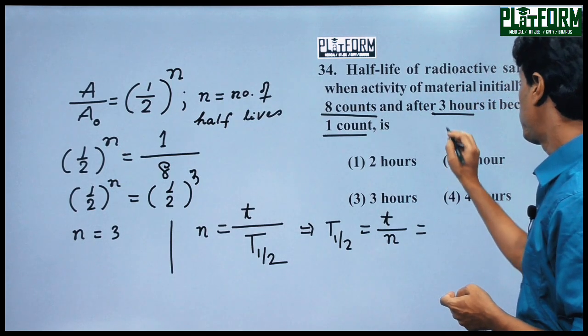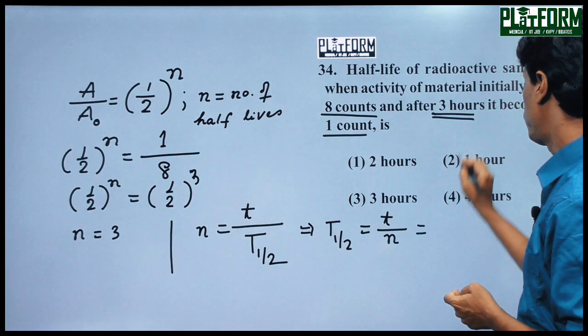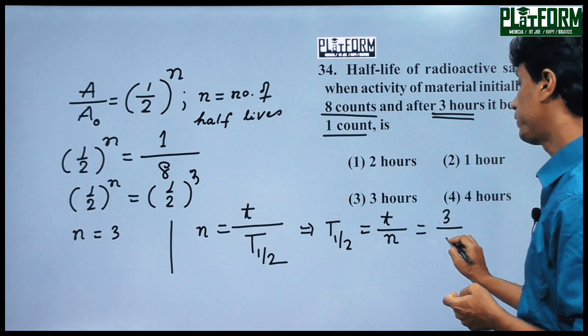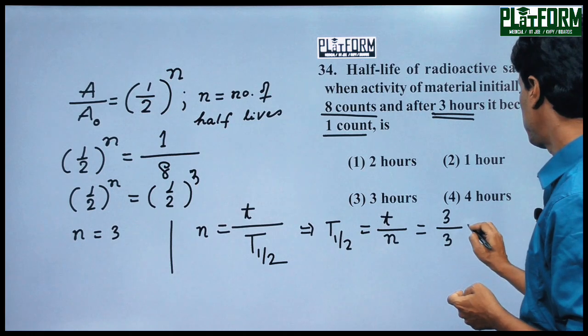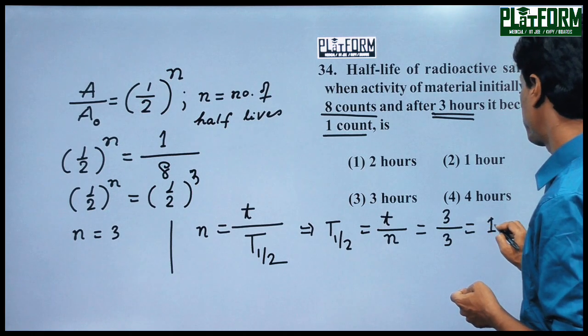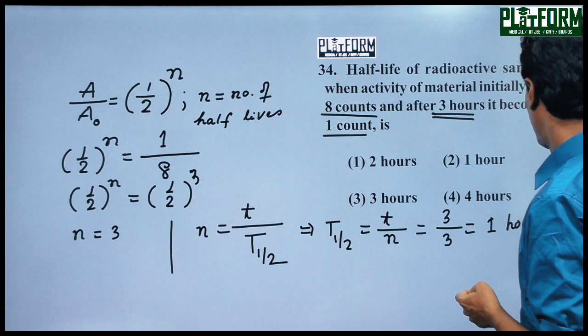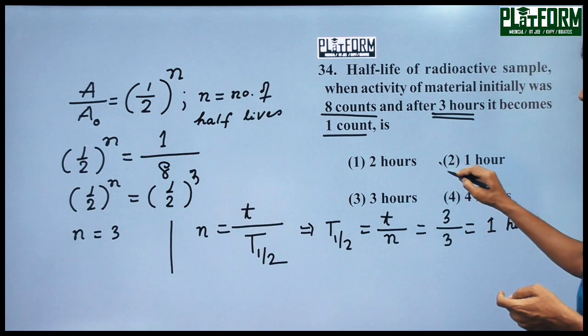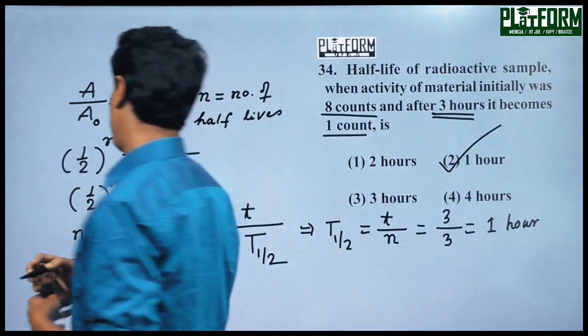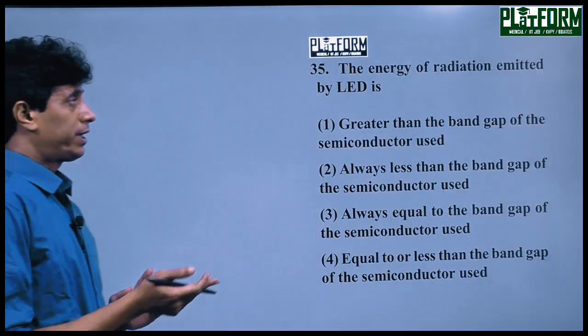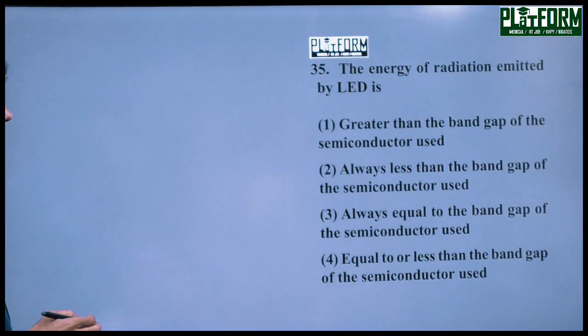So here the total time taken is 3 hours, so 3 by 3, and the half-life of the radioactive material is 1 hour, and the correct option here is 2. Next problem, question number 35. The energy of radiation emitted by lead is.